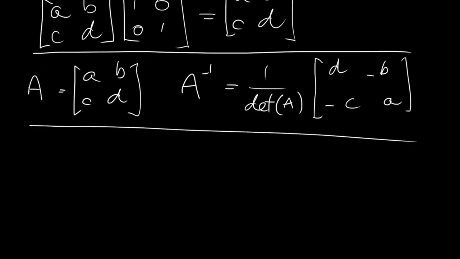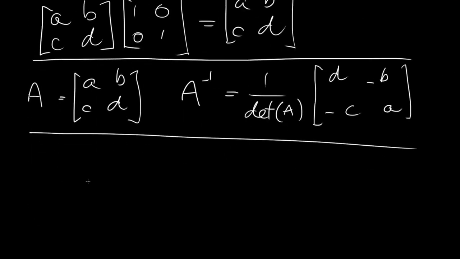Note this: if I only had the set of all the 2 by 2 matrices, would this be a group? Well, we had an argument here that says this must be the determinant of A. This must be defined.